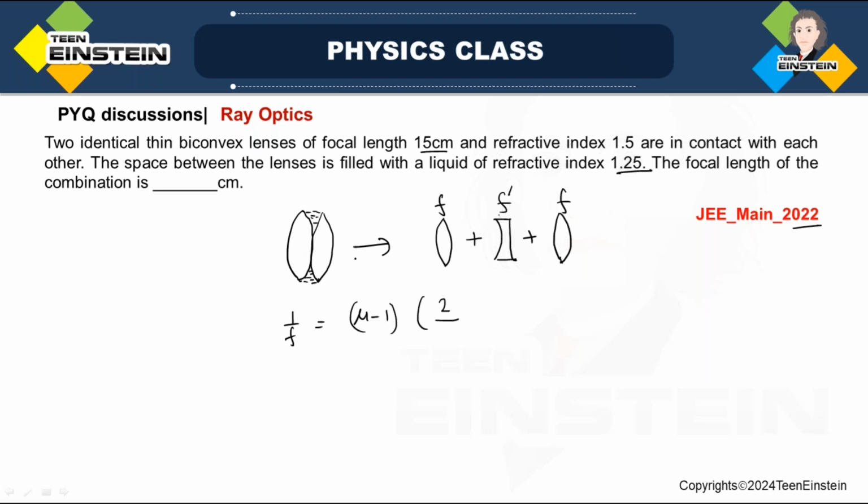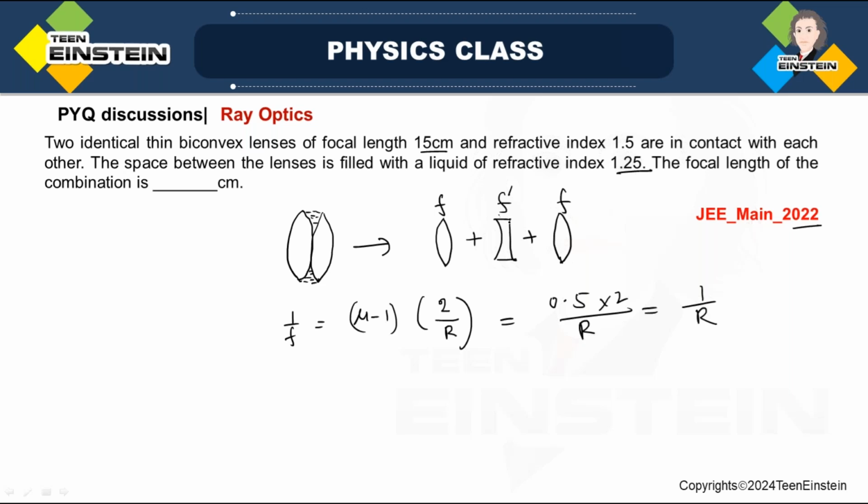I'm just taking by default that the radii of curvature of the biconvex lenses are the same, and as you know, 1 by r1 minus 1 by r2, where r2 is always minus, so that's why it will be 2 by r. Here it is 1.5, so 0.5 into 2 divided by r. That means this is 1 over r.